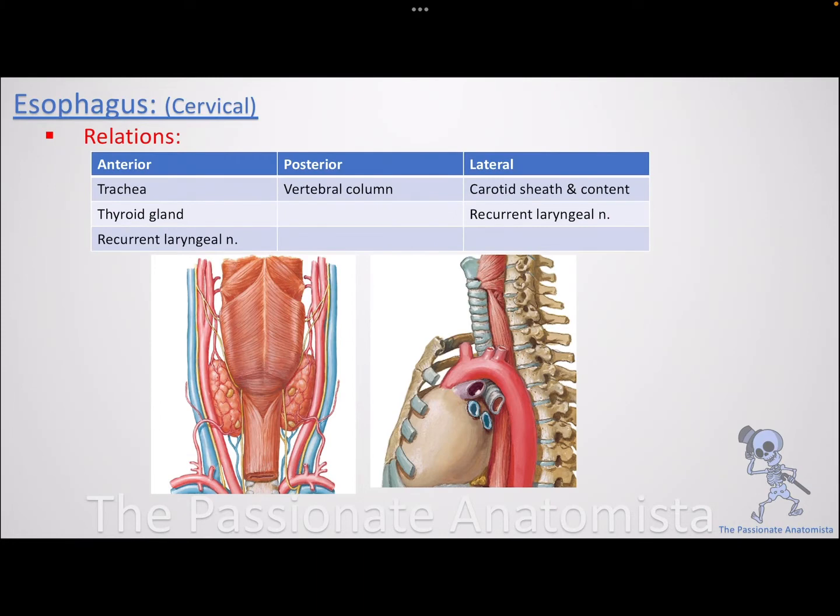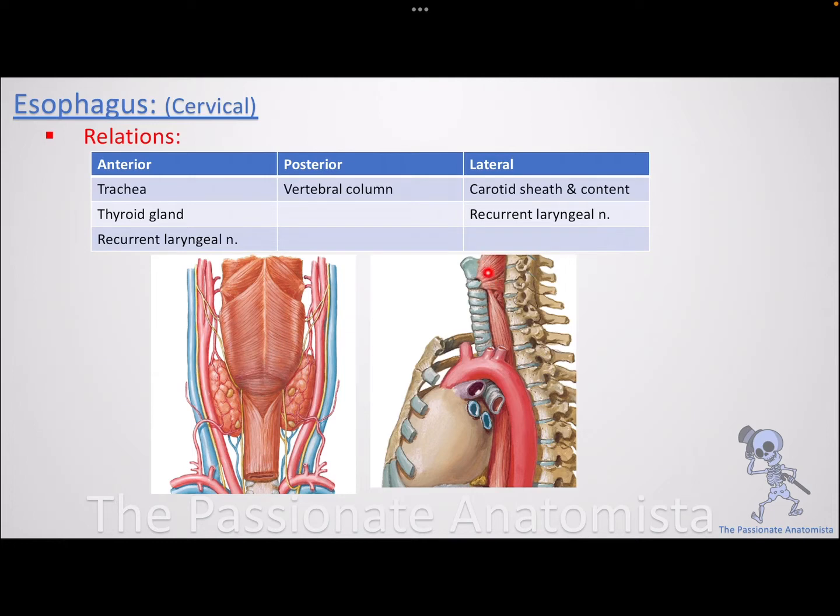Now, to talk about each one of the parts, we need to know the relations. So the first part is the cervical part, and like we said, it starts at the pharyngeo-esophageal junction. Remember when we talked about the pharynx, we said that it ends as the laryngopharynx. So here that was your larynx. Remember the thyroid and the cricoid, and that is the end of that.